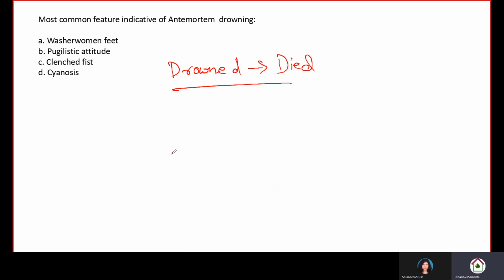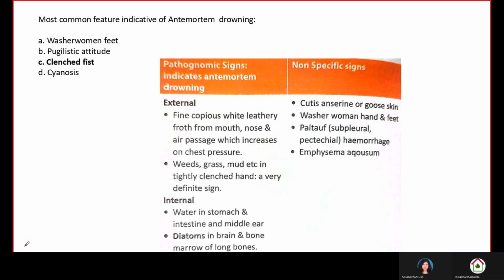Okay, in this case, the answer is clenched fist.